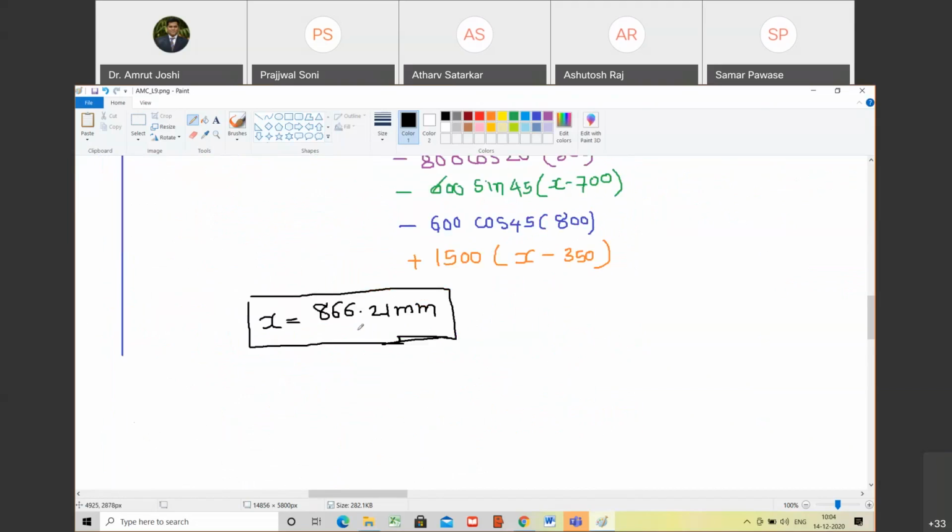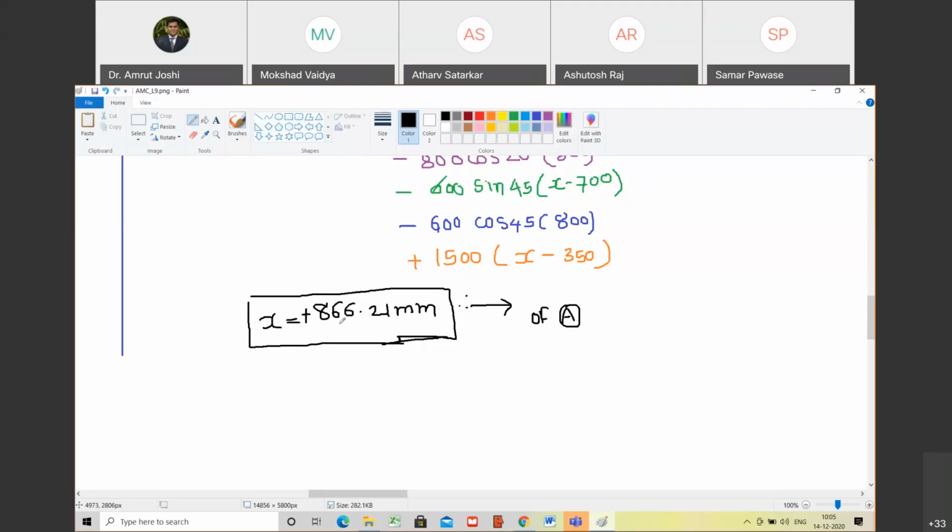That's what it means. Now, as the sign is positive, what does it mean? Tell me. Right. The originally assumed direction of x is correct, and therefore it is towards right of A. Do you agree with me? Yes, sir.